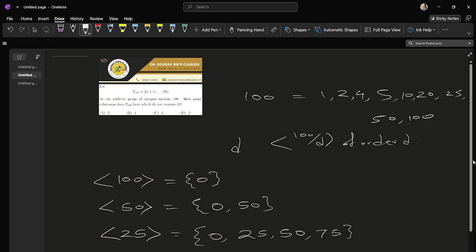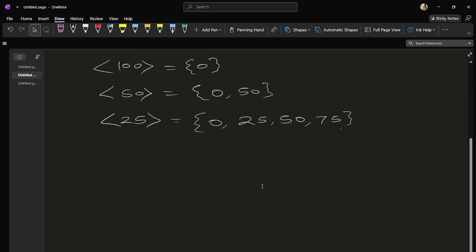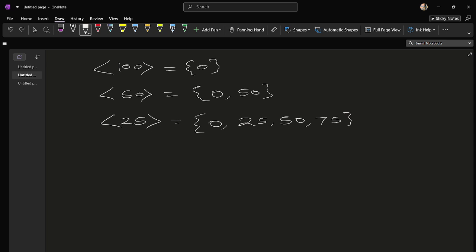Then 100 by 5 is the group generated by 20, so that is 0, 20, 40, 60, 80.